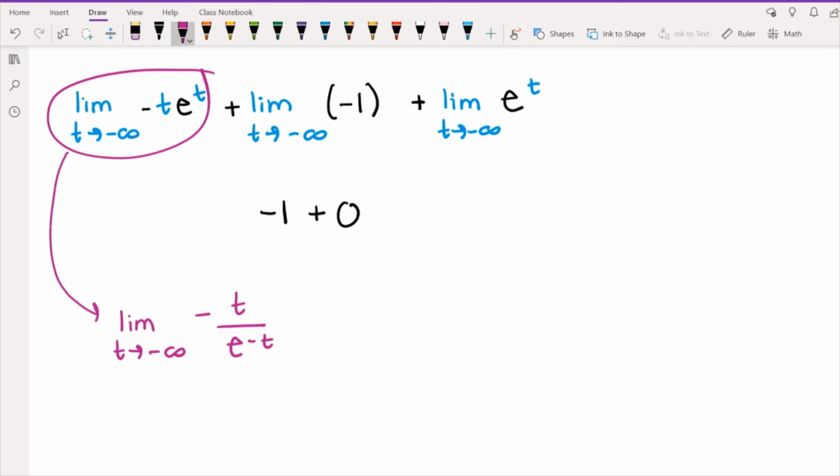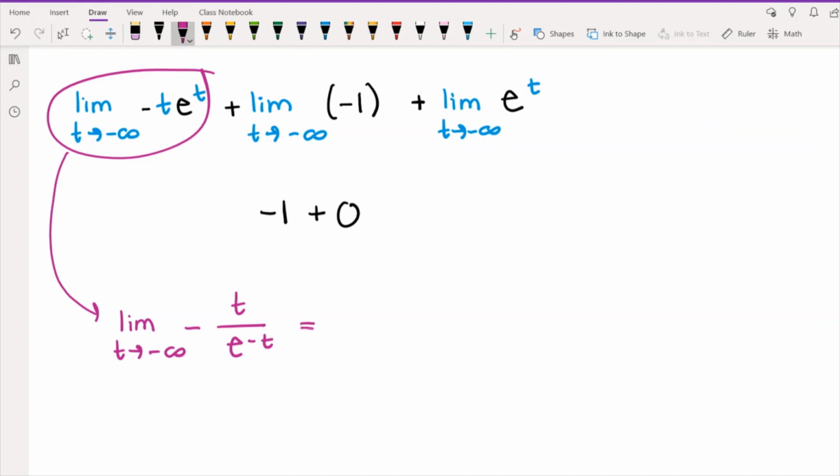If you put negative t as an exponent in the denominator, that's the same as having positive t in the numerator. And now this is of the form infinity over infinity, because the limit as t approaches negative infinity of t is negative infinity, and the limit as t approaches negative infinity of e to the negative t is the same as the limit as t approaches positive infinity of e to the positive t. So it's infinity over infinity.